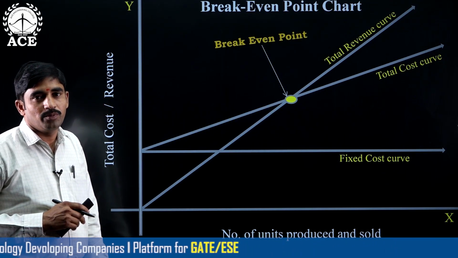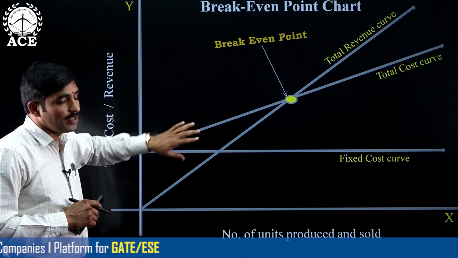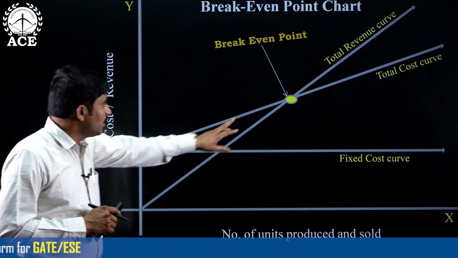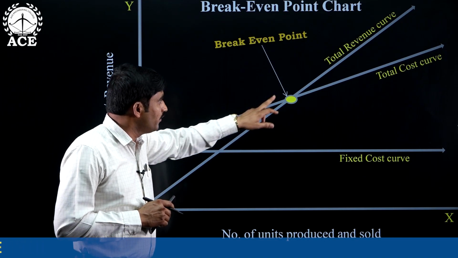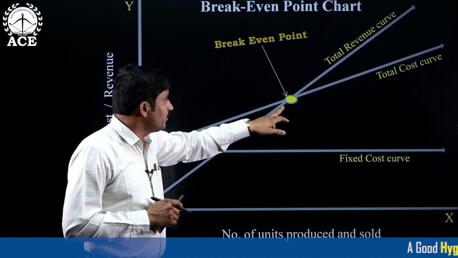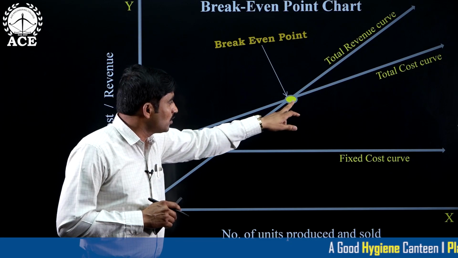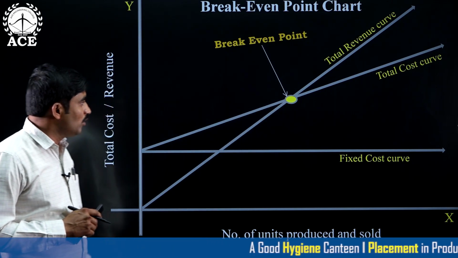This is a very important point that we are determining. The point occurs where the total revenue curve is intersecting the total cost curve from below.